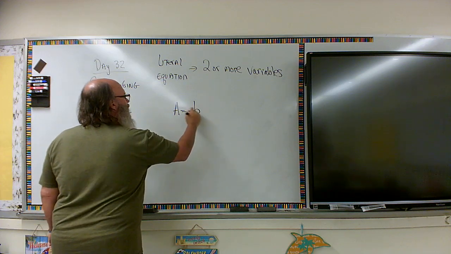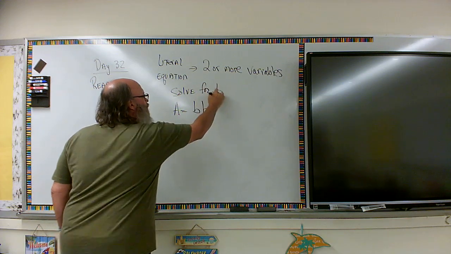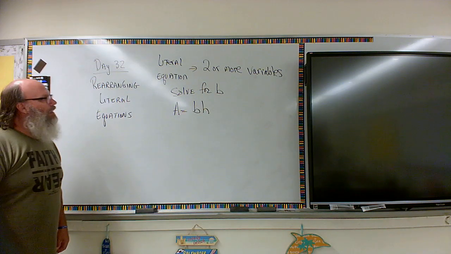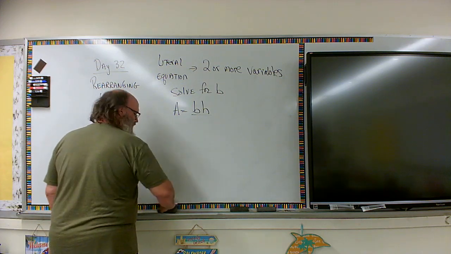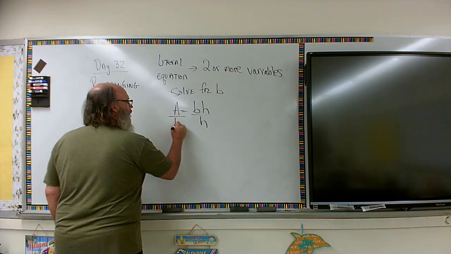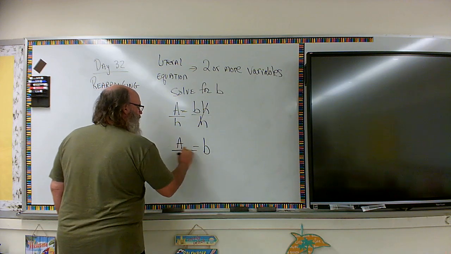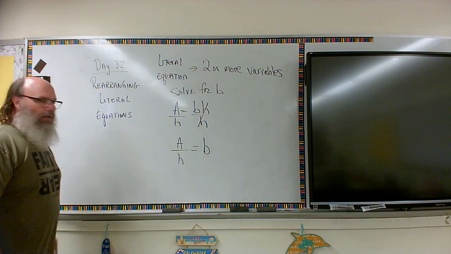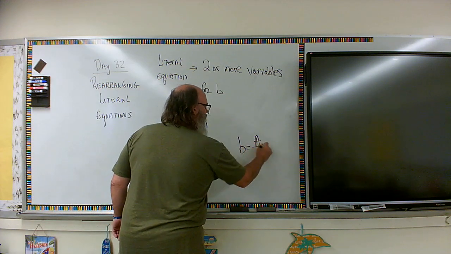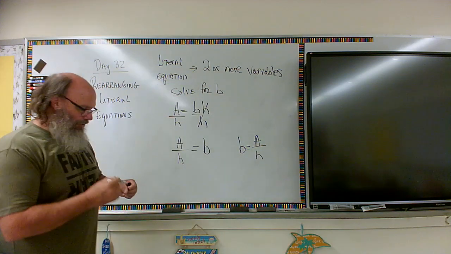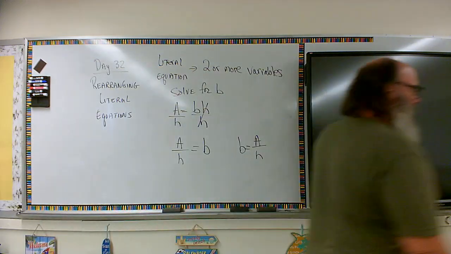A equals BH, and I want to solve for B. I'm not trying to get rid of the B, I'm trying to get rid of the H. B equals A over H, or A over H equals B, which I can then flip around to B equals A over H. That's today's lesson.